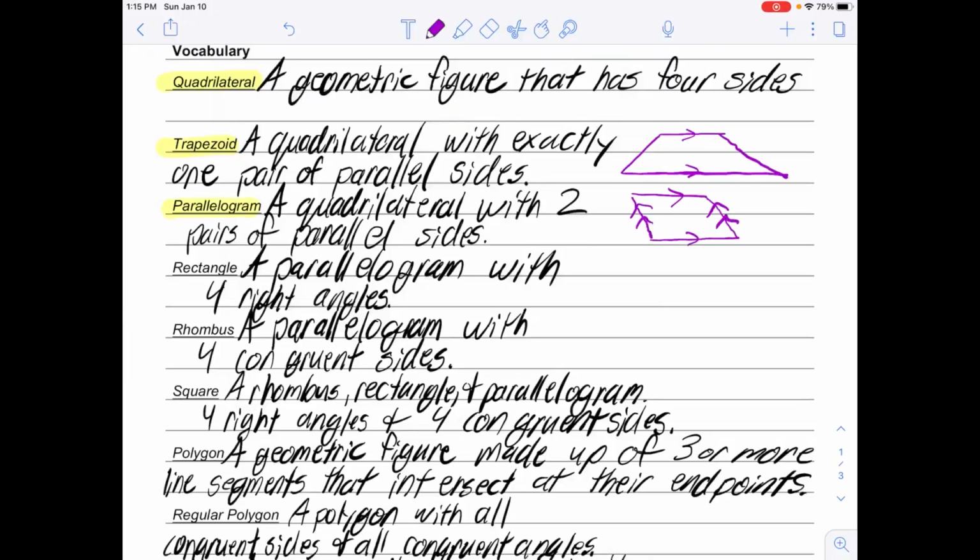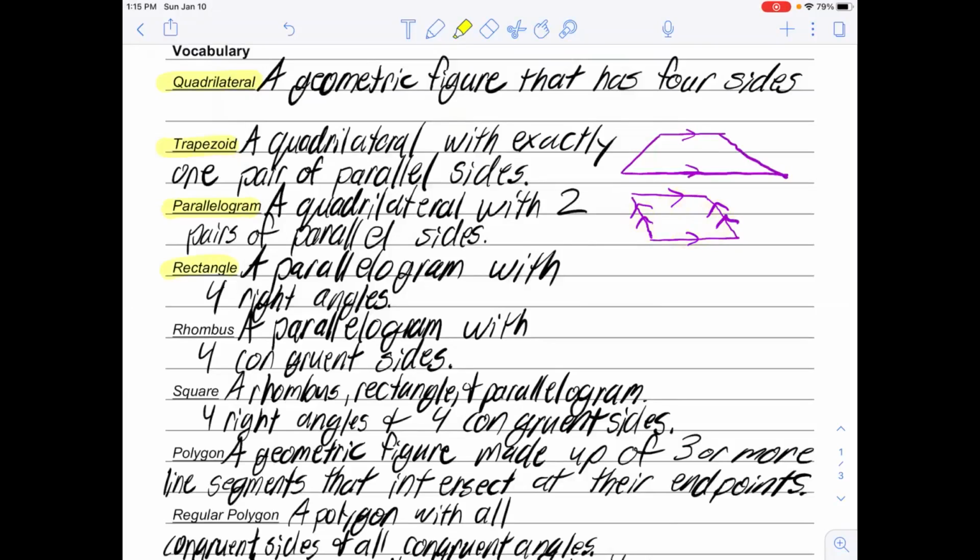So the arrows here and here show that those two are parallel. And then these and these show that those are parallel to each other. So a parallelogram has two pairs. Remember that while you're taking all of these vocab notes, anytime you need to pause the video so you can get the whole word written down, please do that. The vocabulary is extremely important today.